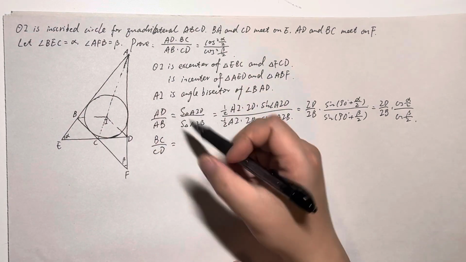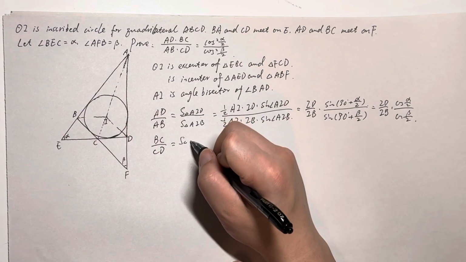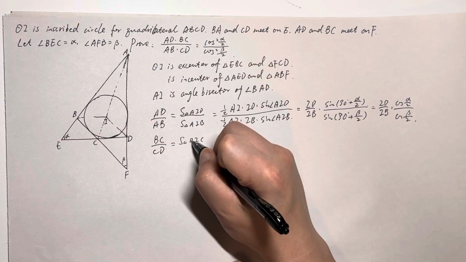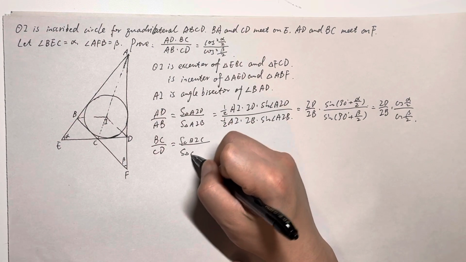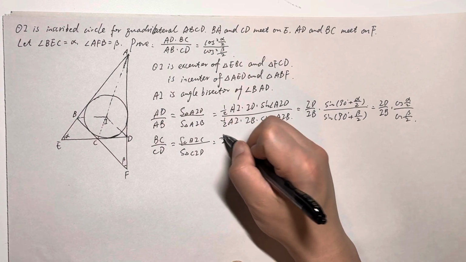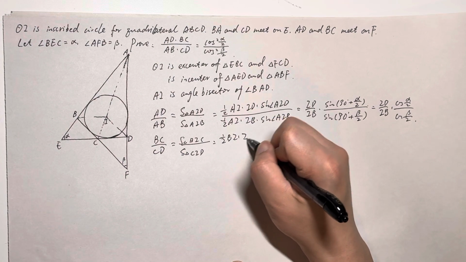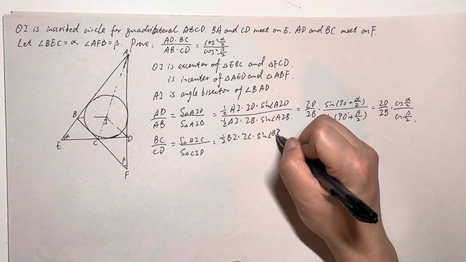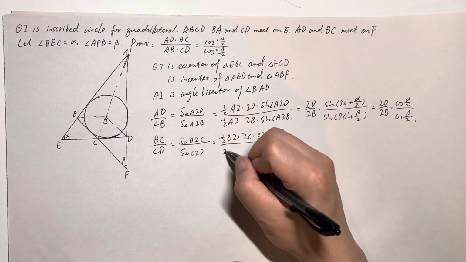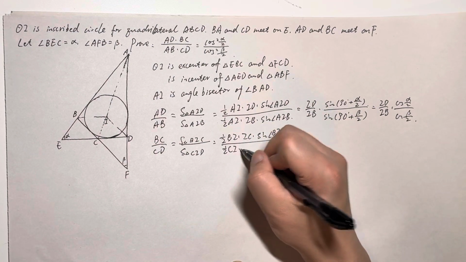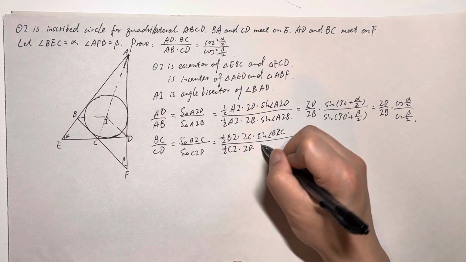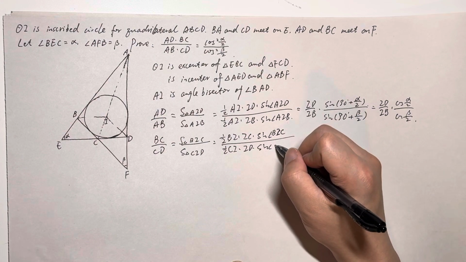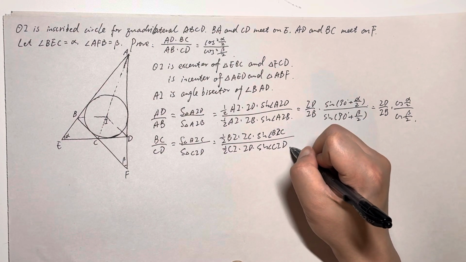BC to CD equals the area of triangle BIC to the area of triangle CID, which is half of BI times IC times sine angle BIC to half of CI times ID times sine angle CID, right?